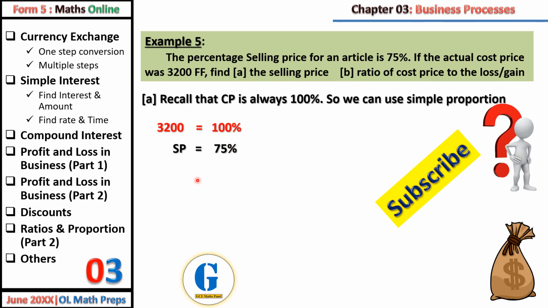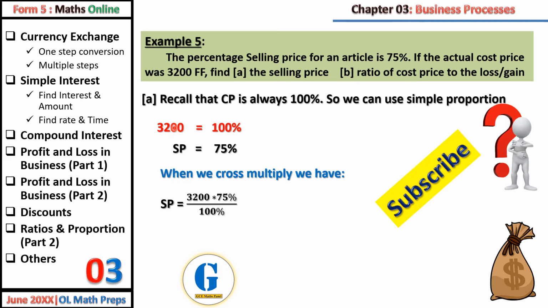From here we can cross multiply, and we will get the selling price as selling price is equal to 3,200 times 75%, all that on 100%. That's by cross multiplication. Simplifying will give us 2,400 French francs as the selling price.